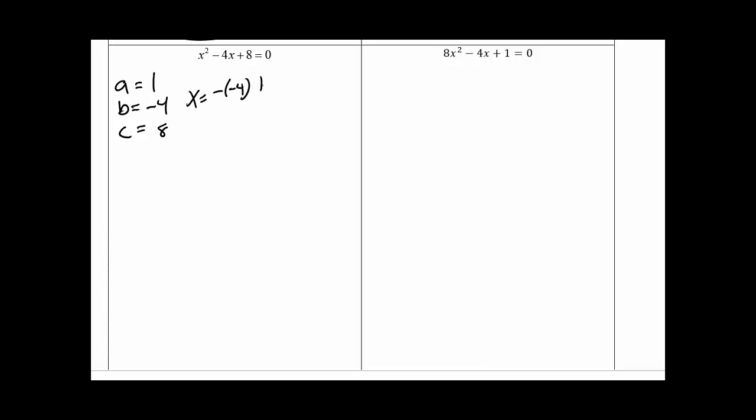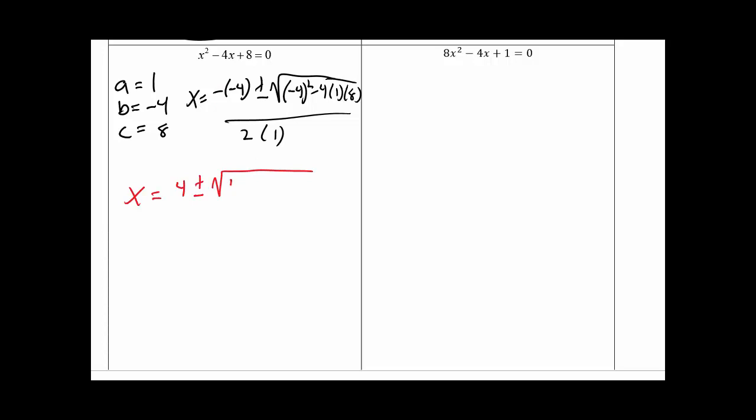And then I can fill in the numbers for the quadratic. That's 4ac, all over 2a. And then we can simplify that. Let's see, a negative and a negative is positive 4, plus or minus, this would be 16 minus 32, all over 2.